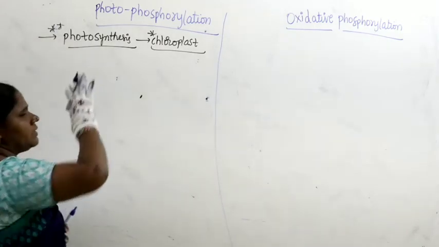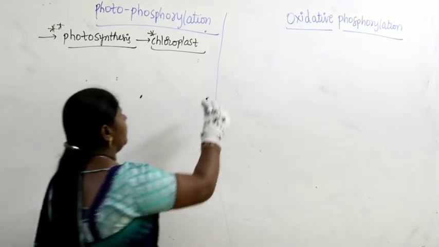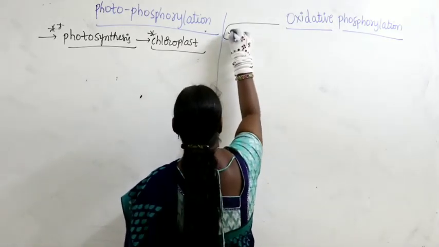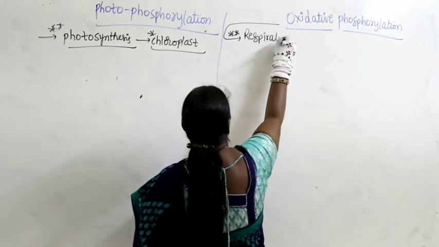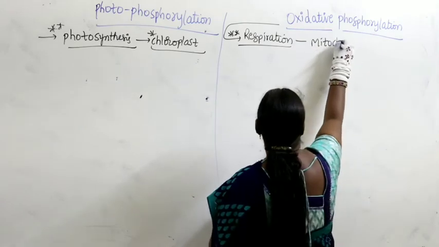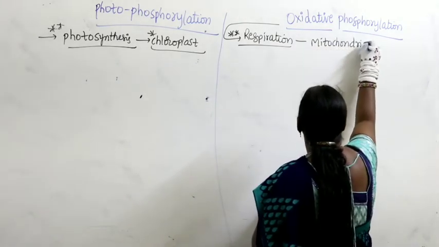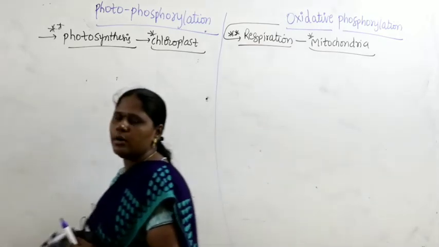Photophosphorylation happens at the time of photosynthesis in the chloroplast. Coming to oxidative phosphorylation, it happens in respiration. Where in respiration? It happens in the mitochondria. Oxidative phosphorylation happens in mitochondria.